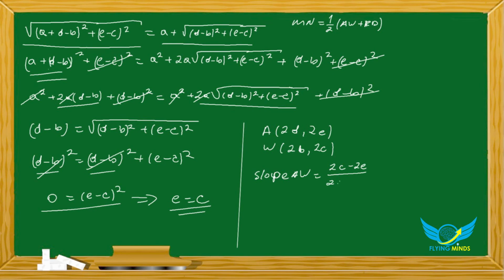Because c equals e, the numerator equals 0 and the slope equals 0. It follows that AW is parallel to KD.